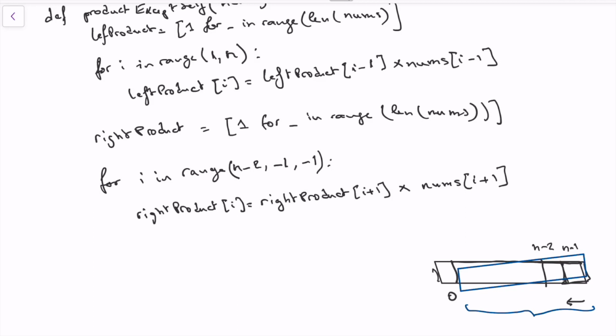So now that we have both, for each element, to get the result, we just multiply its left side by its right side.